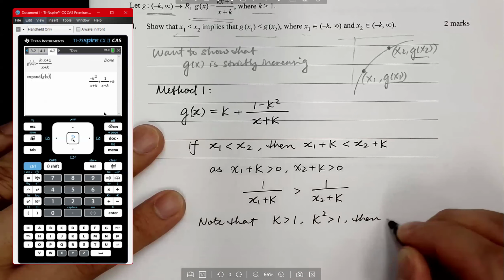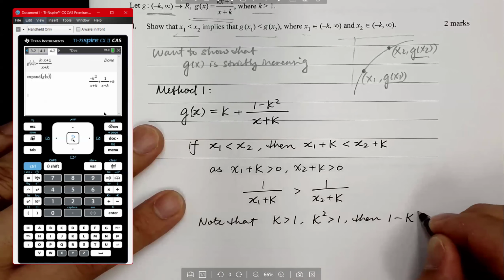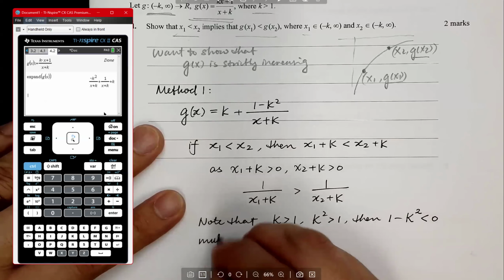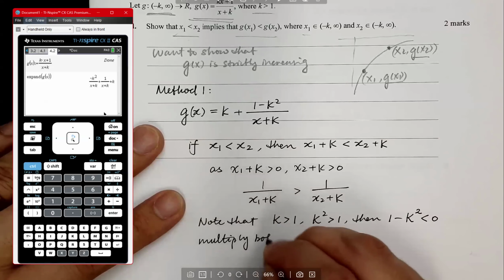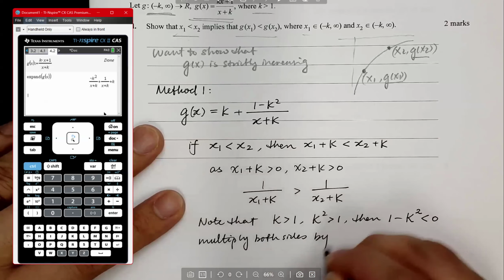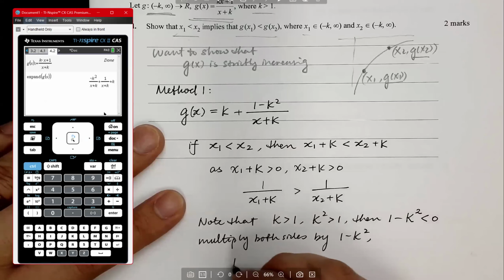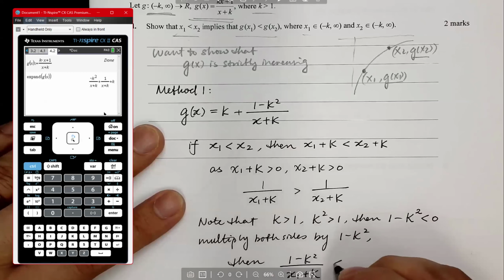Therefore, 1 minus k squared is actually less than 0, okay? So if you multiply both sides by 1 minus k squared, we then have (1 minus k squared) divided by (x1 plus k) is actually less than (1 minus k squared) divided by (x2 plus k).